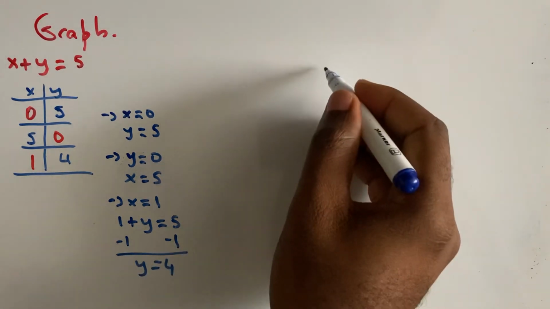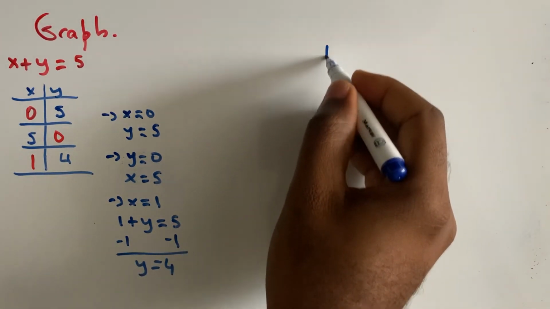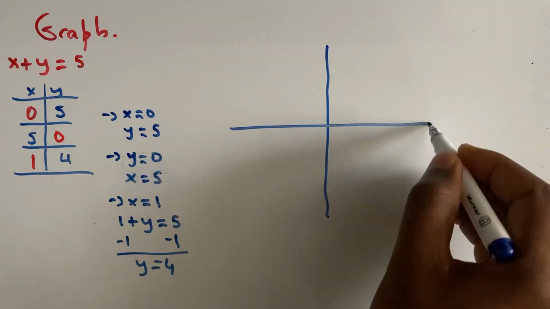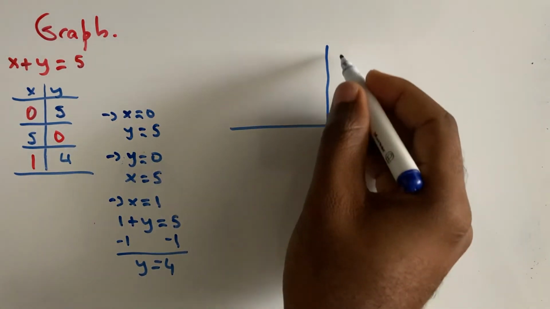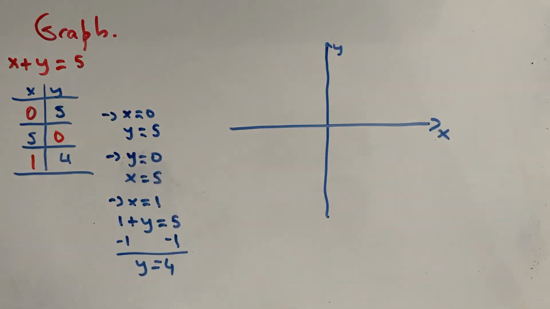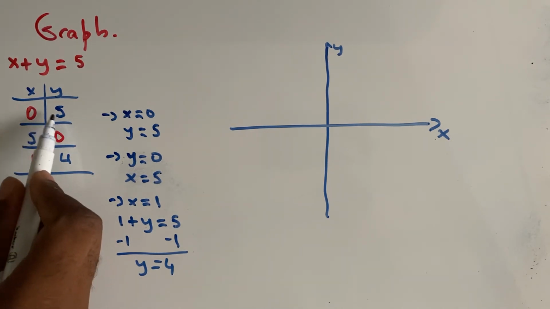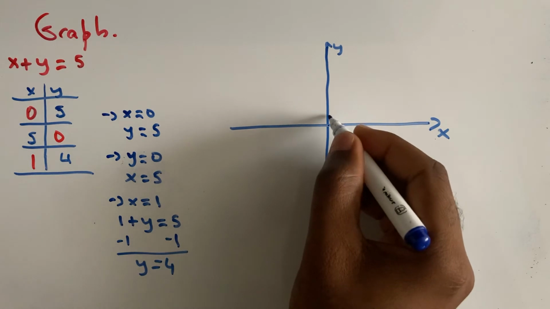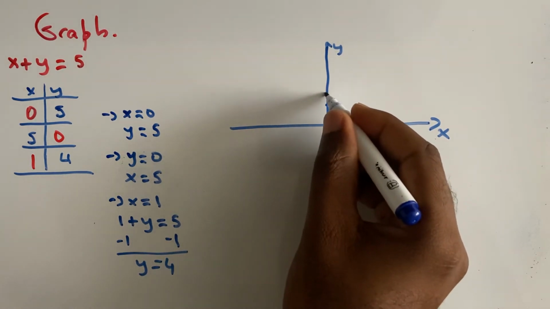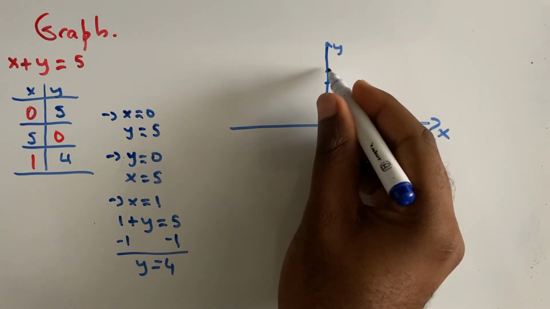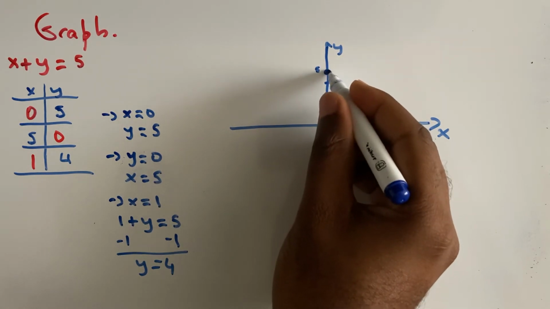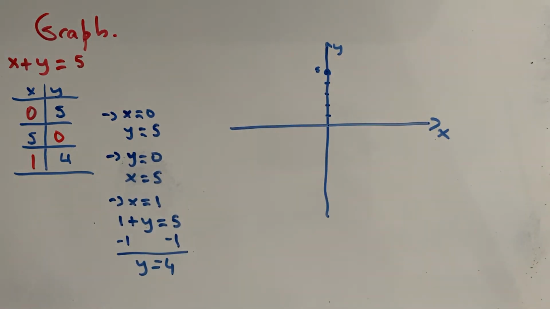So now let's graph. Let's draw the x and y axis. Now, what are the values you have? The ordered pairs. The first ordered pair is (0, 5): 0 for x, 5 for y. I'm putting the first point here.